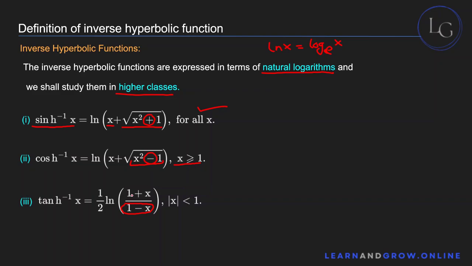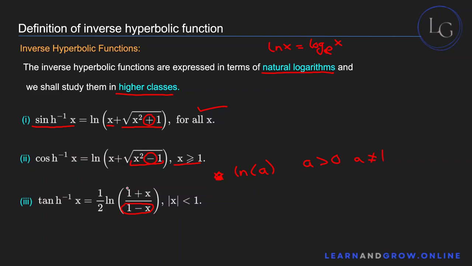But this entire function must not be equal to 1 either, because as we discussed earlier, for the logarithmic functions, let's say that if you have ln of a, and a is an input variable, the condition here is that a must be greater than 0 and a must not be equal to 1.